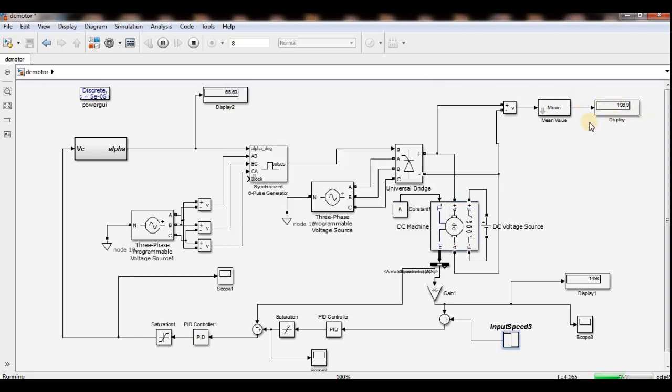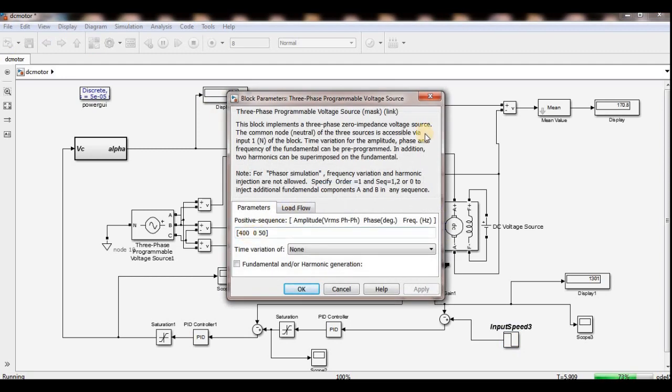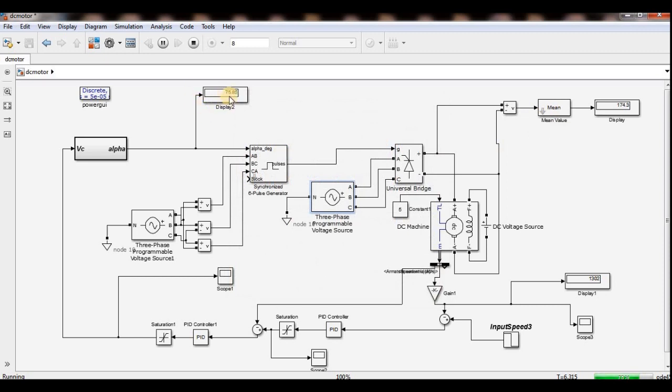But my input is 400 volts RMS, so I require more alpha. If I reduce the input voltage, I can get a lesser value of alpha, because a small alpha generates more output. It is inversely proportional.